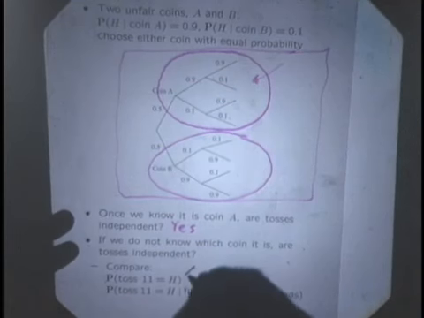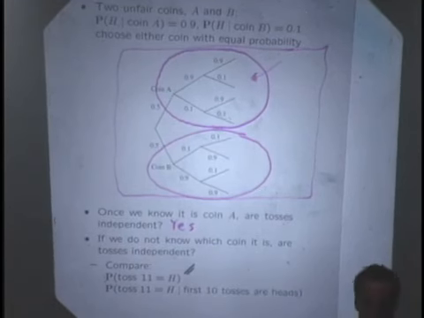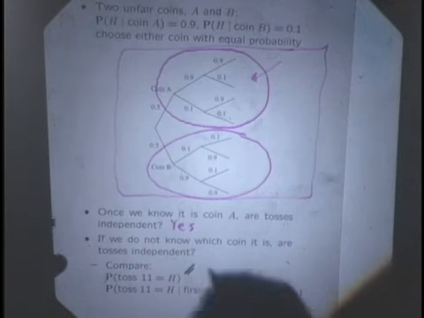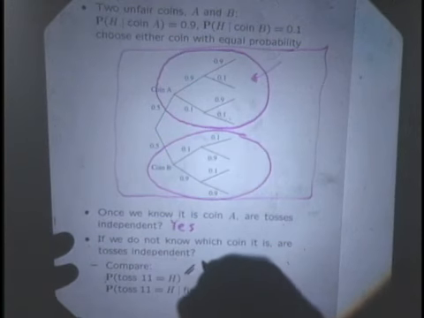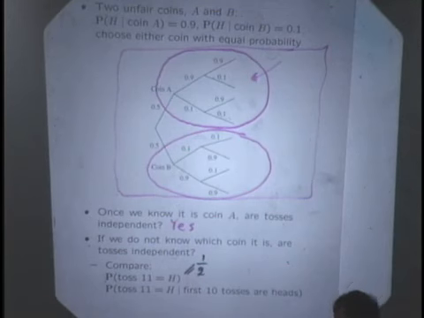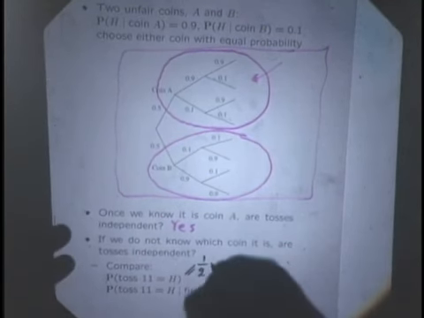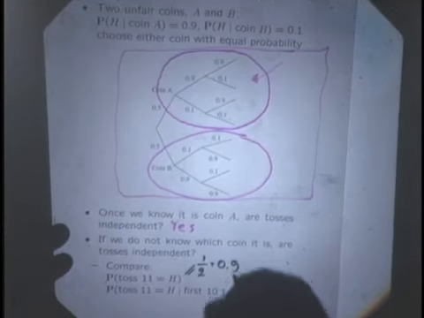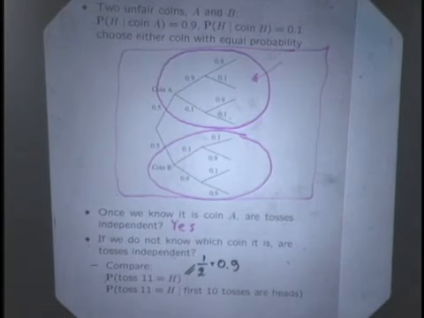Well, the probability that the 11th toss is heads, how can that outcome happen? It can happen in 2 ways. You can choose coin A, which happens with probability 1/2, and having chosen coin A, there's probability 0.9 that you get heads in the 11th toss.